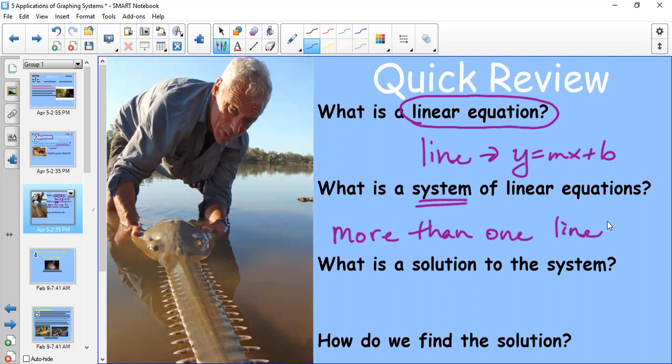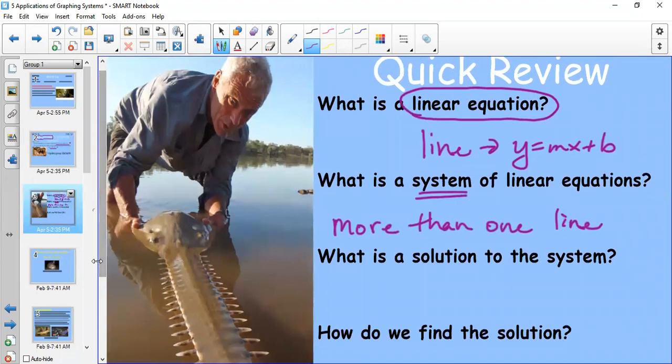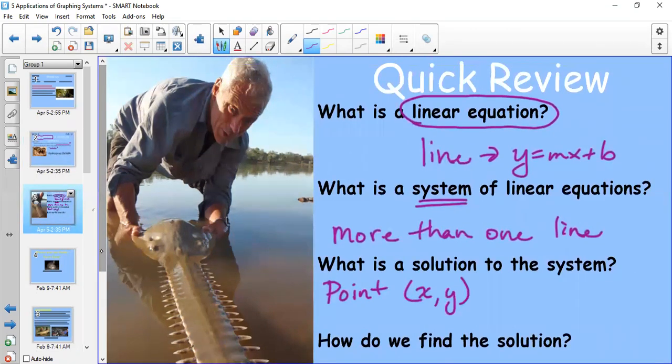So what is a solution to the system? We are looking for a point. Remember, a point is the x comma y. And we are looking for a point that is on both lines.